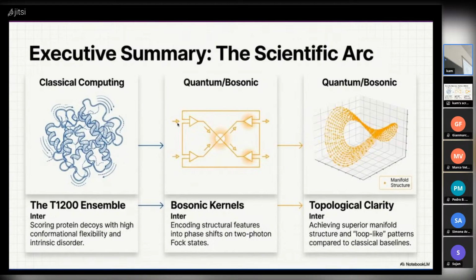In the very beginning, you try to find out which one is closer to the real one. Real one means the experimental structure. If overall your difference is less than 1 times 10 to the minus 10 meters, then it's good. If it is 8 times that, then it's bad. So you want to have a scoring or classification of what is a good structure and what is a bad structure. And this is doable, because you don't need to handle the complicated protein folding part, which is the most complicated part.